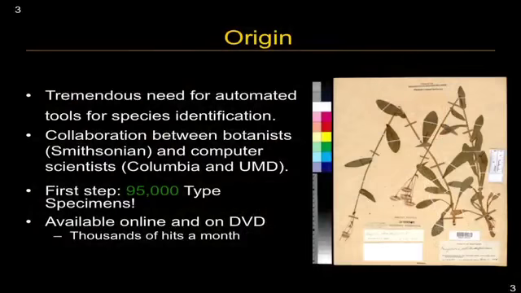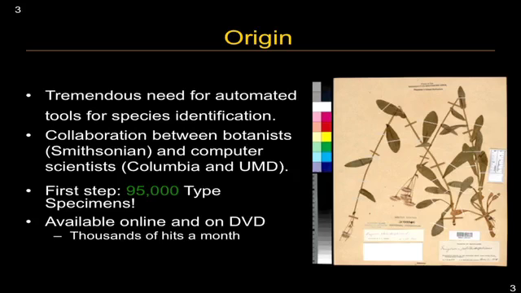And we thought about using computer vision for plant species identification, and so we just randomly got in touch with John Kress at the Smithsonian, and it turned out that they were really interested in a lot of the same issues, and in particular they were really interested in how all of these specimens that they had could be made into digital images and used in some productive way. And so we got a grant from the National Science Foundation, and we started working together on this.